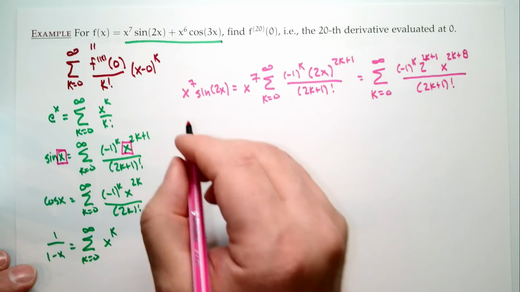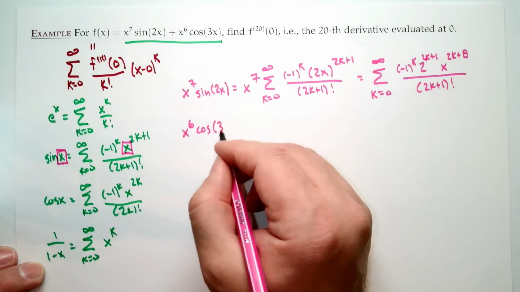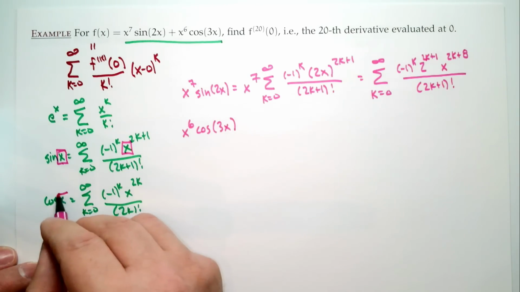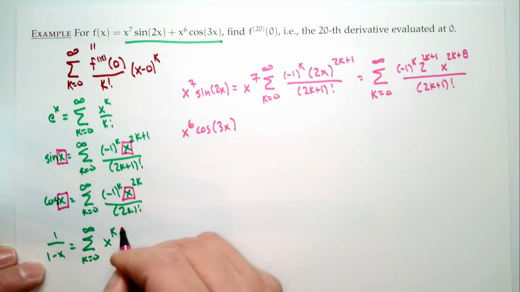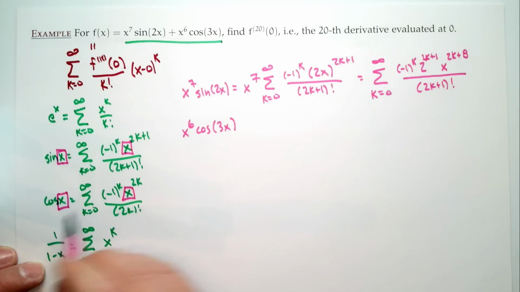No surprises, we're going to do something very similar for the second term. The only difference is instead of the sine, now we're going to work on the cosine. So, I know how cosine x works, so everywhere I see an x, now I'm going to put in 3x, because I want cosine 3x.